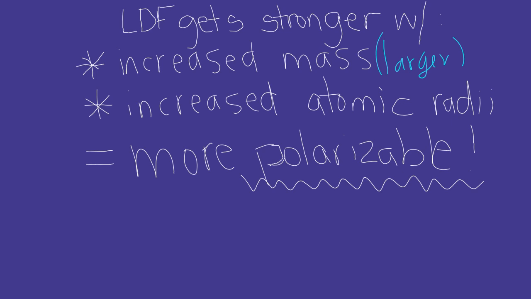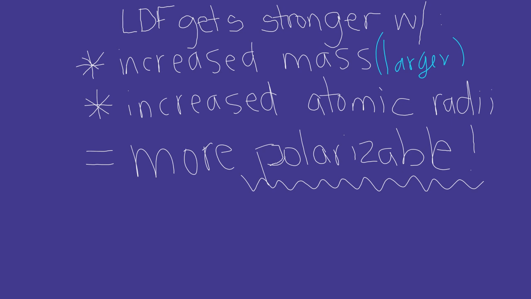And if we remember, if you have stronger London dispersion forces, which is a type of IMF, then you'll have higher boiling points, higher melting points. When we get into things like viscosity, surface tension, they'll also play a role.